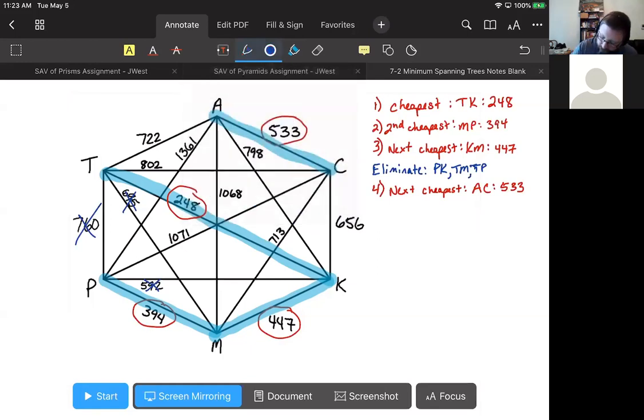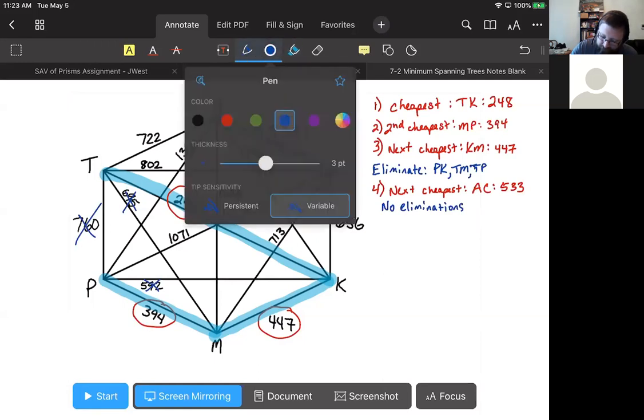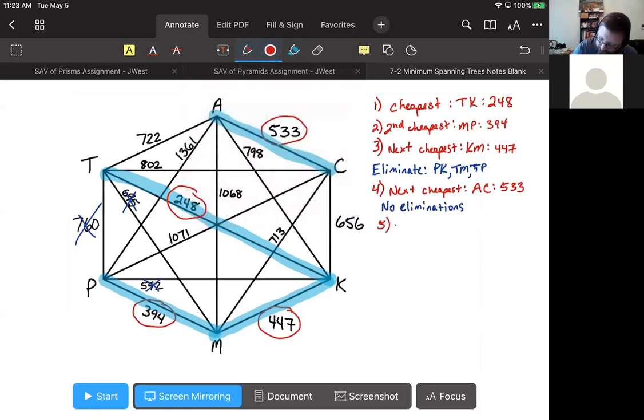So here there's no eliminations. And we would pick our next edge. Looking at our remaining options, it looks to me like 656 for CK is our next best option.